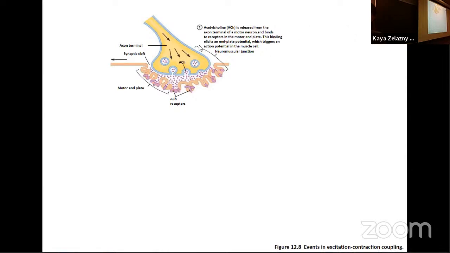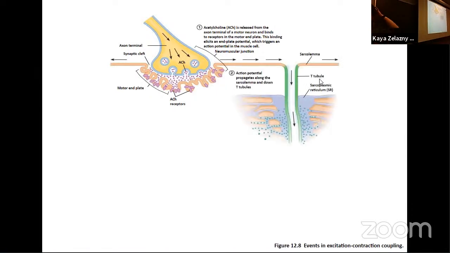So those are the steps that we saw when we looked at that one slide on the steps of the neuromuscular junction. Now we're thinking about what's happening in the muscle fiber. Our action potential is moving across the membrane. The depolarization spreads out from the site of contact between the nerve and the muscle cell, traveling in a wave across the muscle fiber.